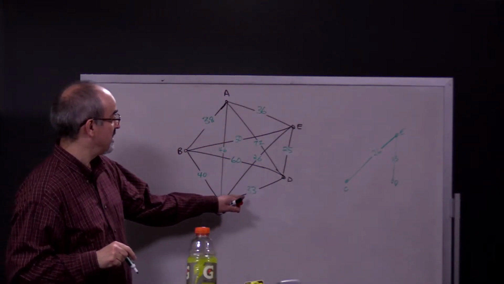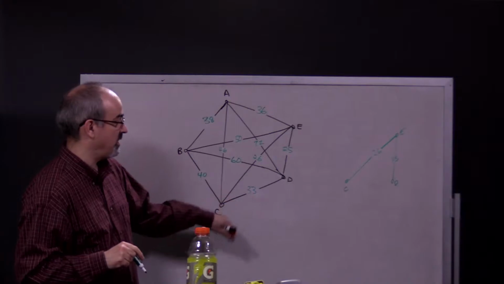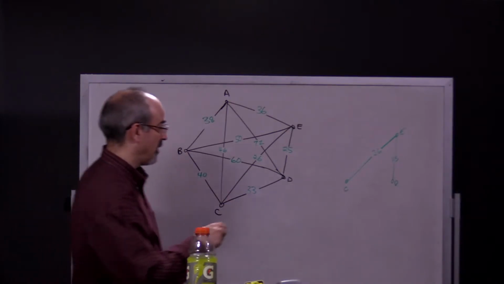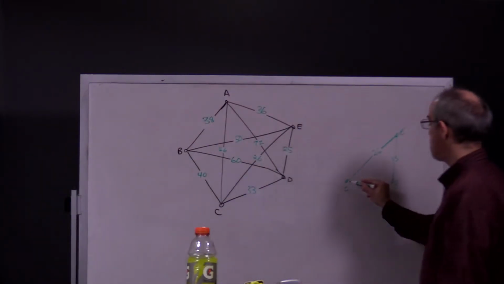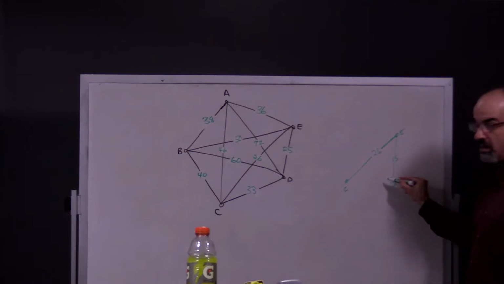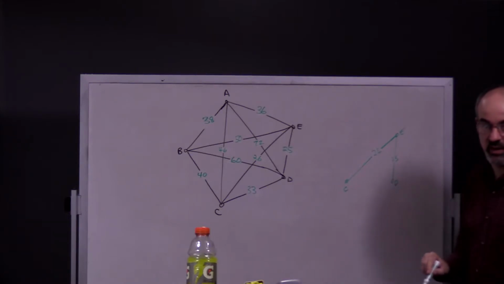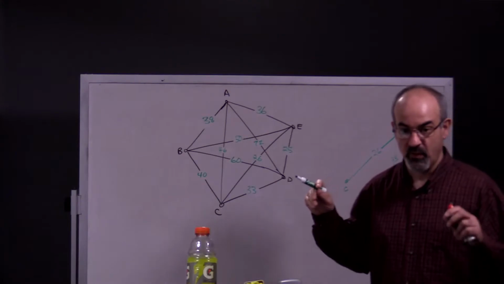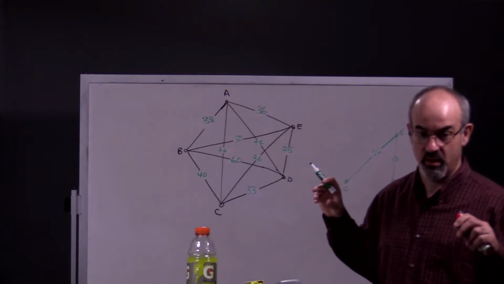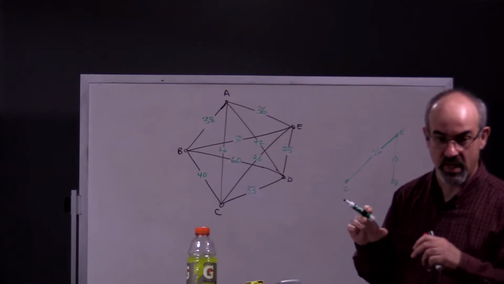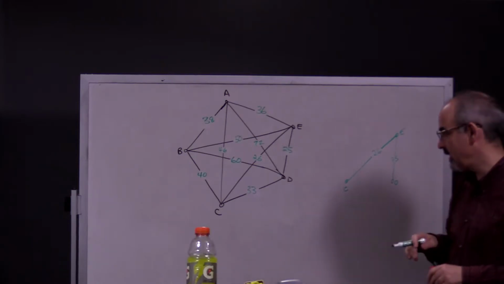The next lowest weight remaining is 33, but we cannot use that because you cannot complete a circuit at any time while you're doing this until you actually have a Hamilton circuit where you visited every vertex once and now you just have to go back to the beginning.